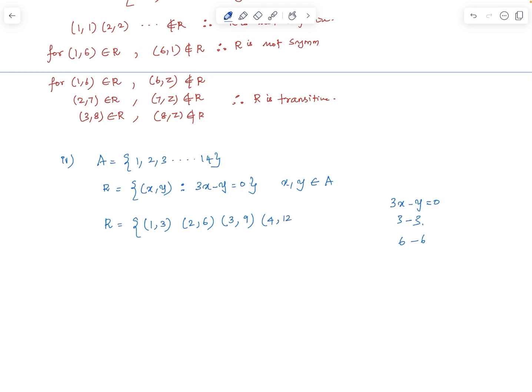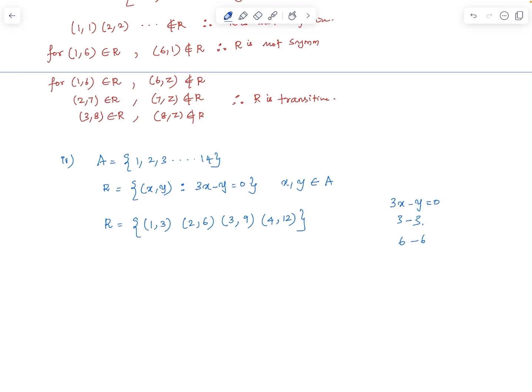If we take 5 for x, 3x is 15. So y should take 15. This ordered pair is not possible at all because A is running from 1 to 14 only. So we have to stop at (4, 12). So R is (1, 3), (2, 6), (3, 9), (4, 12).